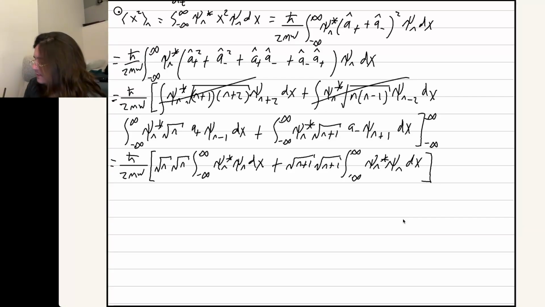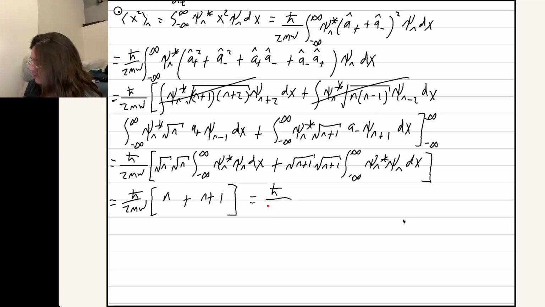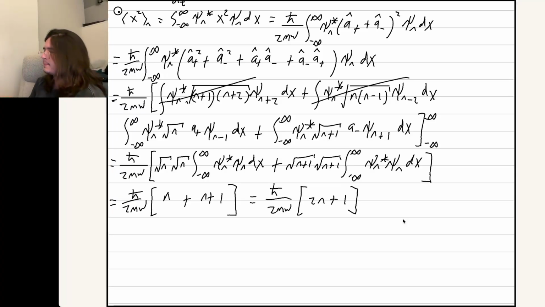Those Kronecker deltas end up being 1. So squaring the square root of n will have n, and we'll also have n plus 1 from the other term. So both of those integrals were 1. So we have h bar over 2m omega times 2n plus 1, and I'll write it like that.